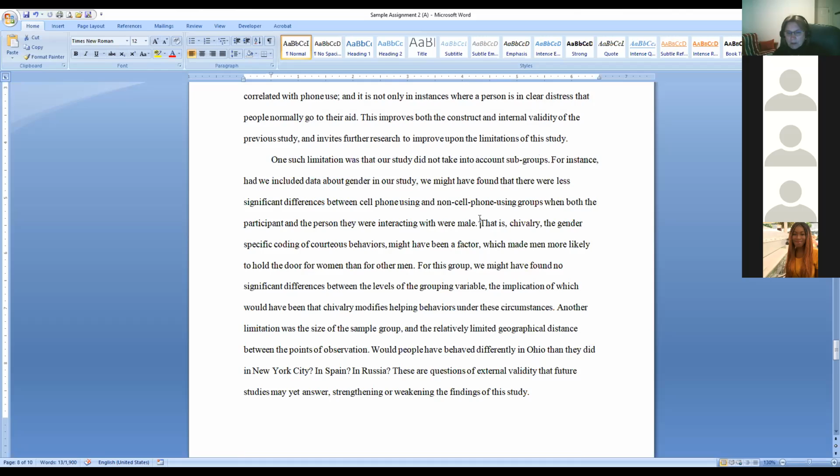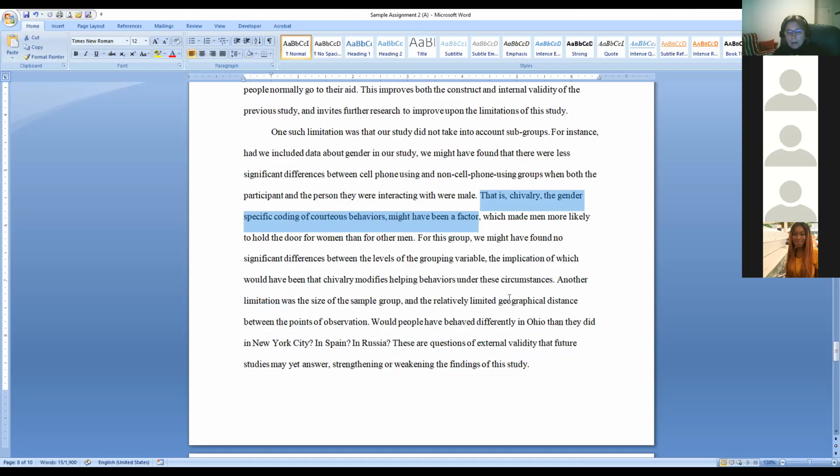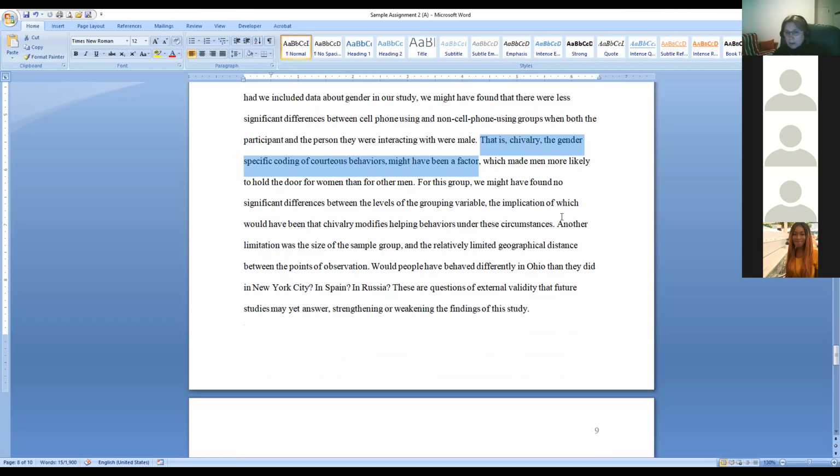So they say that is chivalry, the gender-specific coding of courteous behaviors might have been a factor, right? Another limitation, they say, the size of the sample group, that's the least interesting stuff, and perhaps the relatively limited geographical distance between the points of observation. Would people behave differently in Ohio than in New York City, in Spain, in Russia?